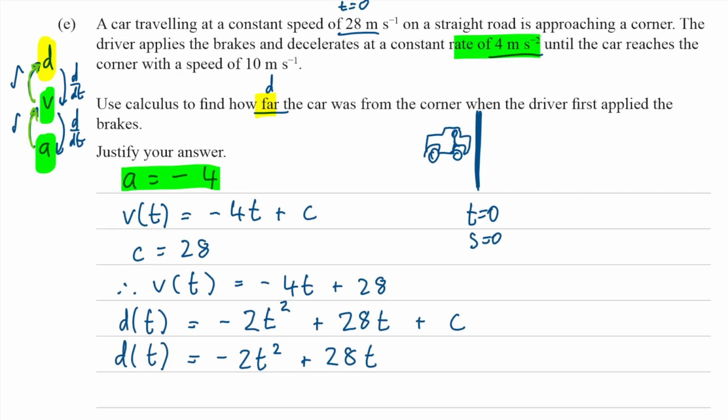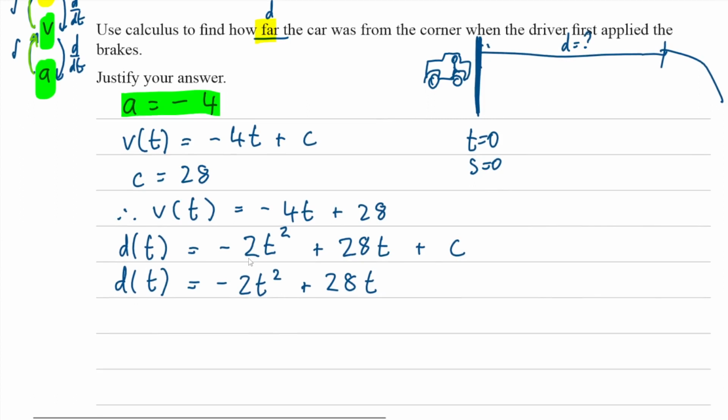Alrighty, so now we found the equation for distance, but now we need to find the distance the car was from the corner, right? So what is this distance here? Looking at our distance equation, it takes an input of time to give an output of distance.